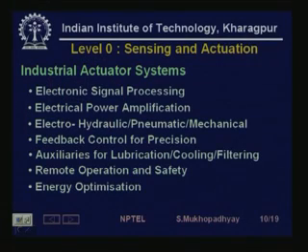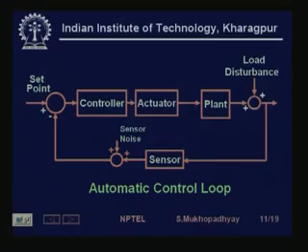Similarly, since they consume some amount of energy, you will find special systems which try to save energy in the actuator itself, such as freewheeling or switching off unnecessary energy devices. You may find technologies for this. So typically this is what you will find in an industrial actuator, and in future classes we will look at various kinds of industrial actuators in detail.